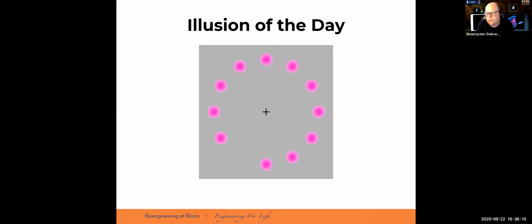So what I wanted to do, you see a pattern which changes over time. Just look at the crosshair in the middle of the screen for maybe 30 seconds.